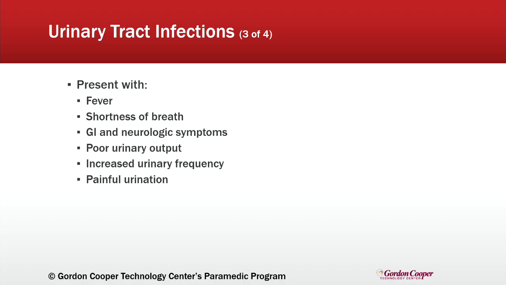They may even have some GI symptoms. Neurological symptoms are not at all unusual with a UTI, and they'll have poor urinary output, increased frequency. They may even have some blood in there and maybe even feel some pain, frequent urges to urinate and difficulty urinating.